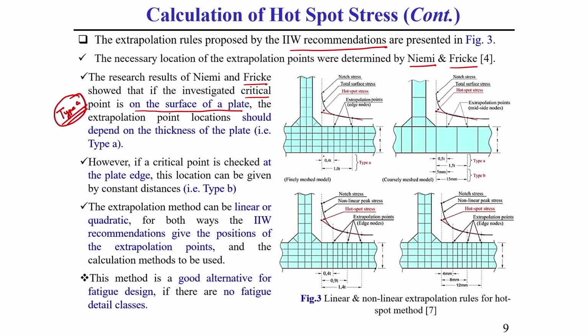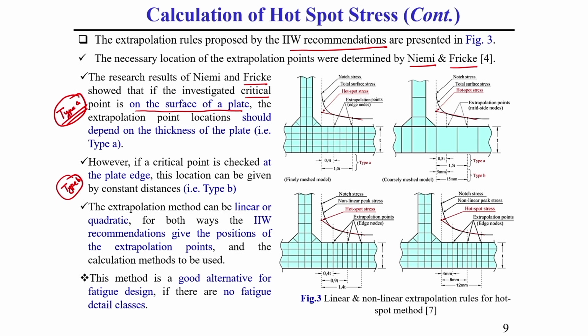For that case, here I have shown, you see, whereas another is type B, here you see this is another case, type B. For type B, the extrapolation point depends on absolute distance, it is not dependent on the thickness of the plate. This is also another point you should keep in mind. Okay.